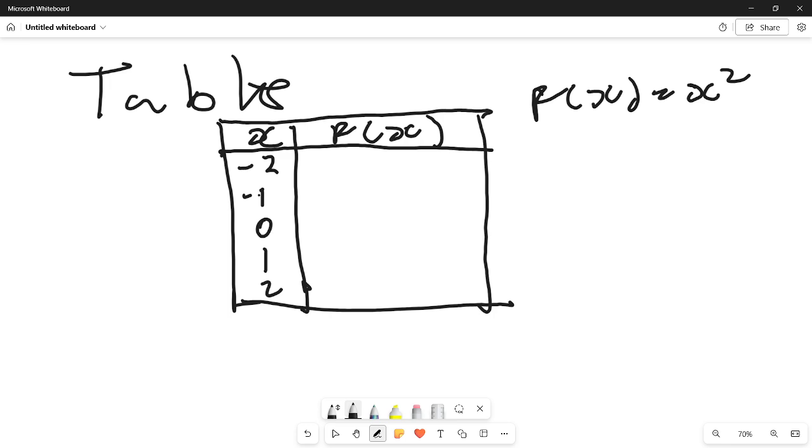For f of x, we put -2 where there's x, we get 4. -1 will give us 1, 0 will give us 0, 1 will give us 1, then 2 will give us 4. So this is a representation of a function using a table.